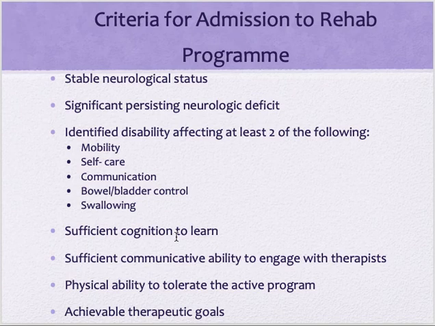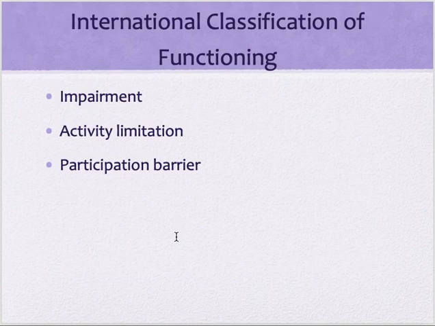So one of the things, by the way, is the international classification of functioning. So what is the international classification of functioning? It is also called the FIM score. FIM, that is called functional independence measure.